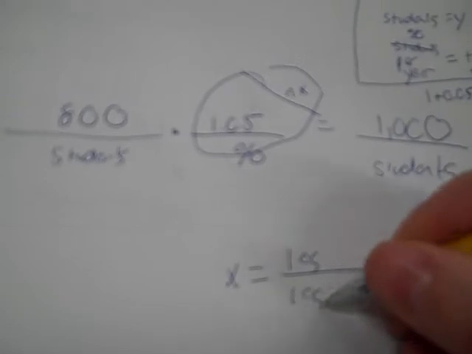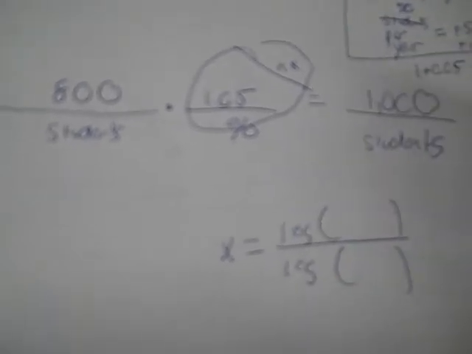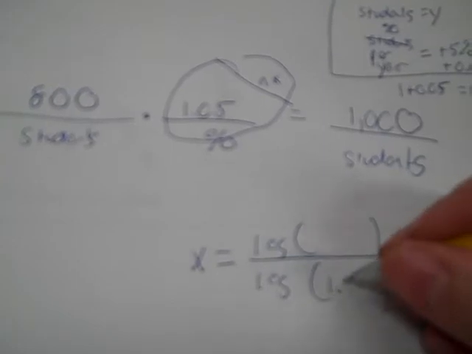Now the original number of students is 800. X is years, but I don't know that because that's my answer. So how many students you have is your new amount. Now the X definitely has operations with it. It's a power and we've got multiplication. So I circle it and split. Now I got to fool around a little bit. So that power of X equals log divided by log. 1.05 is in the denominator.